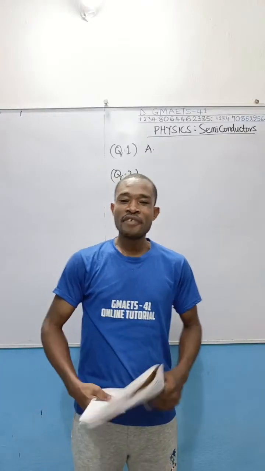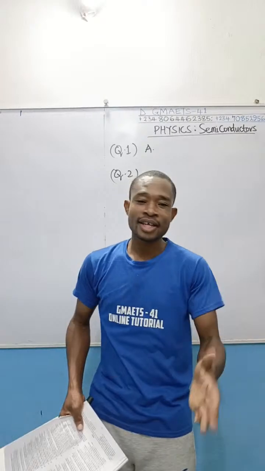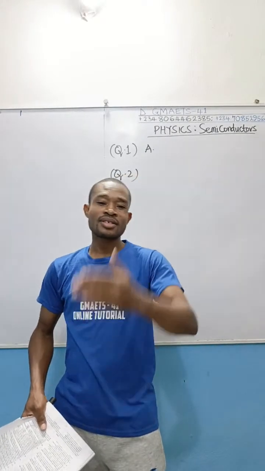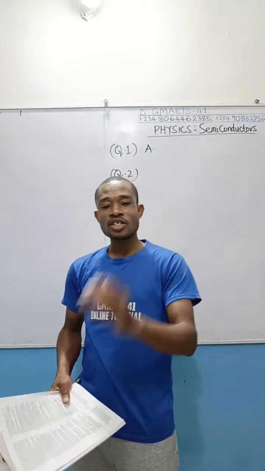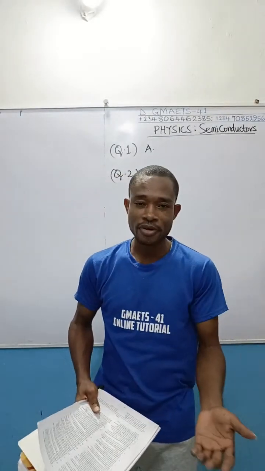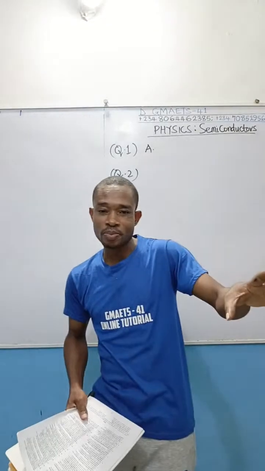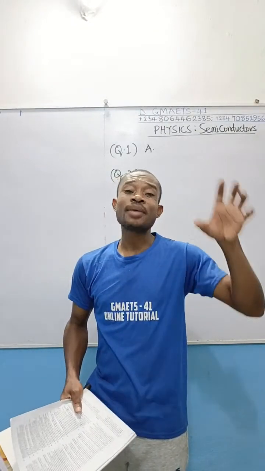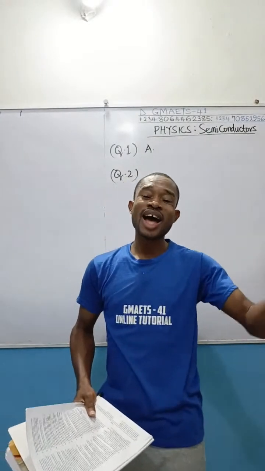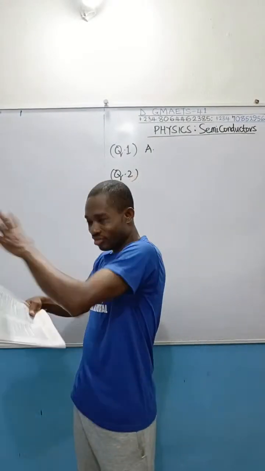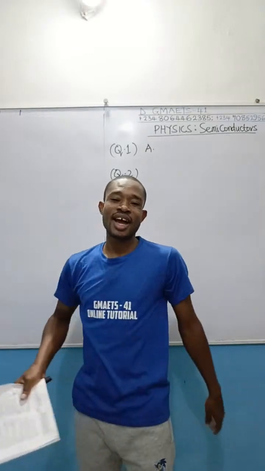Are you following? In fact, from this we have the concept of donor and acceptor, like in the case of using trivalent impurity. If we introduce trivalent impurity to a semiconductor, the semiconductor will donate electrons to the trivalent, because the semiconductor has more electrons to give to the trivalent that has 3 electrons.